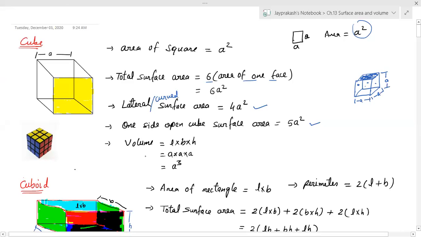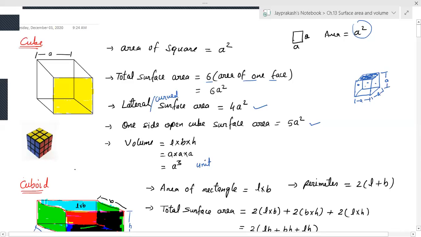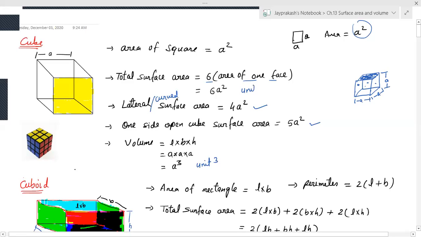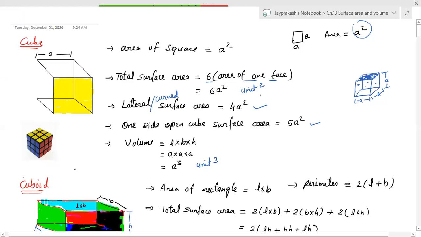When we talk about the volume, the unit is whatever unit is given, you have to use unit cube. And when we talk about the surface area, the unit is unit square. Suppose it is given in centimeter, so you have to use centimeter square for the area, and for the volume that is centimeter cube.